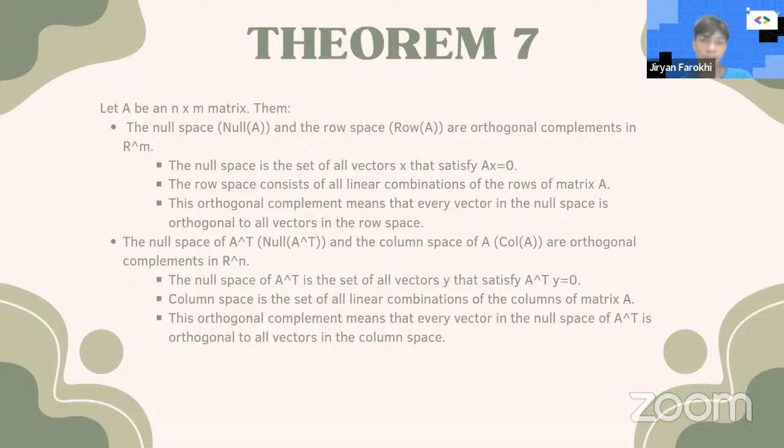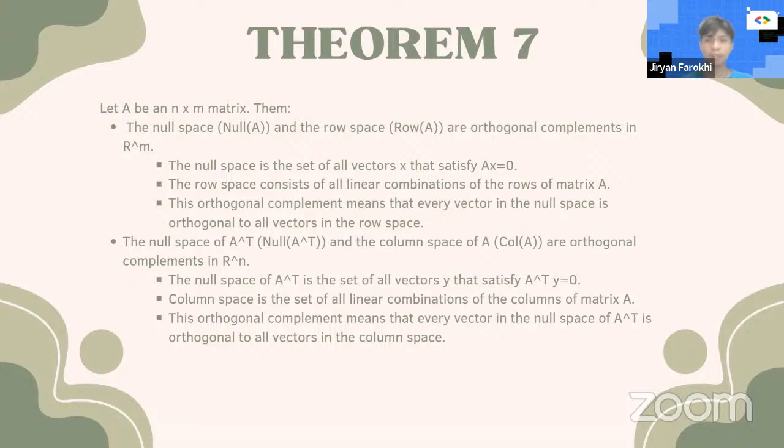The null space of E transpose and the column space of E are orthogonal complements in Rn. The null space of E transpose is the set of all vectors y that satisfy E transpose times y equal to 0.